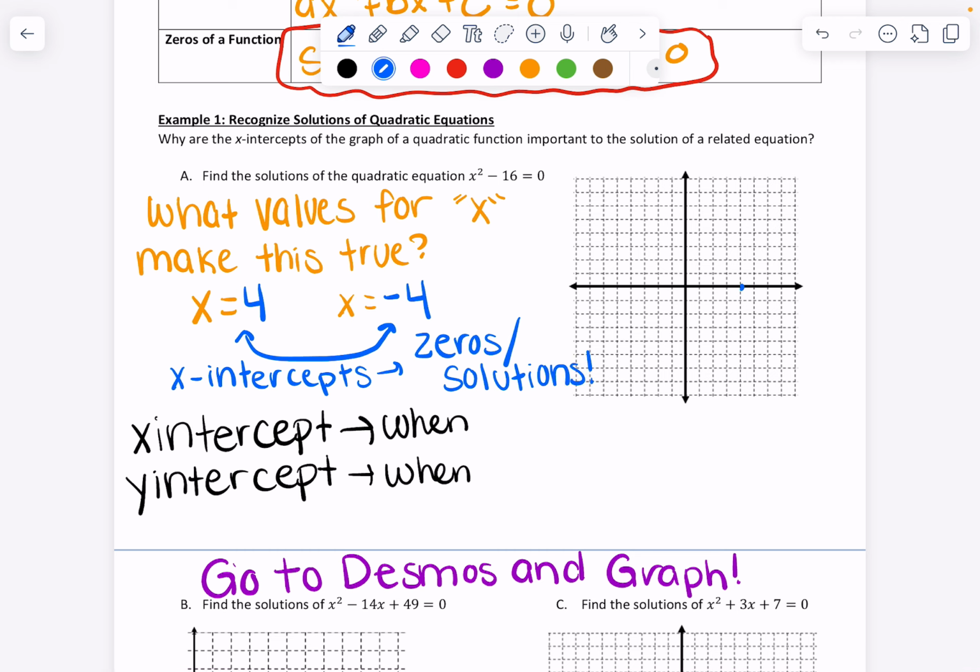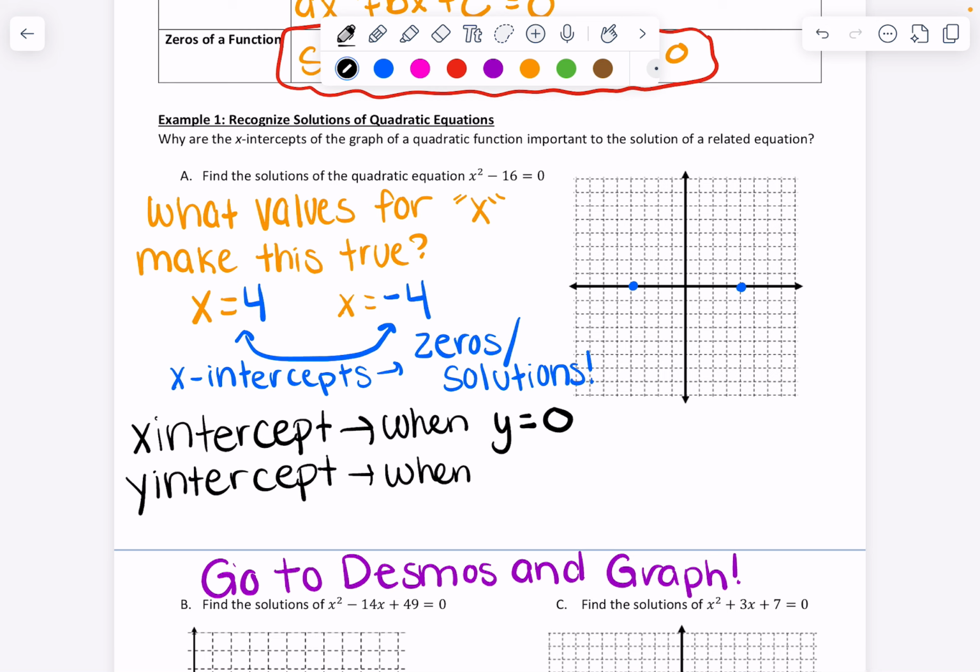Let's go ahead and plot those on our graph. We're going to use those intercepts to graph our parabolas. So x-intercepts, where we cross the x-axis, 4 and negative 4. Now, let's just make note of that as well. The x-intercepts are not just when we cross the x-axis, but when the y value equals 0.